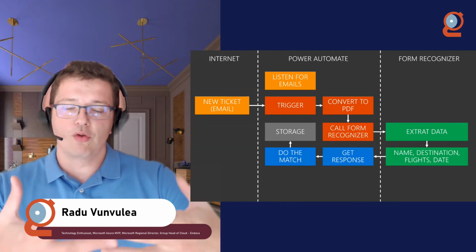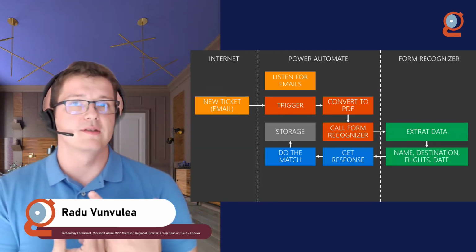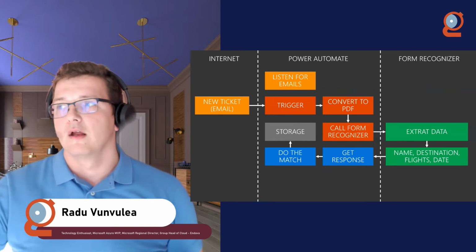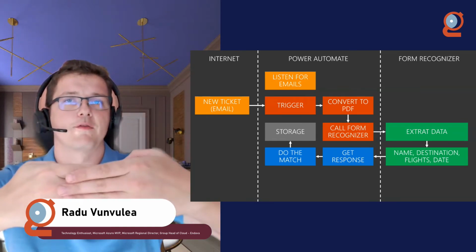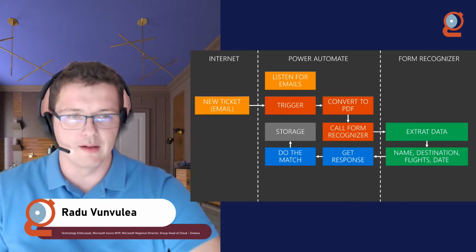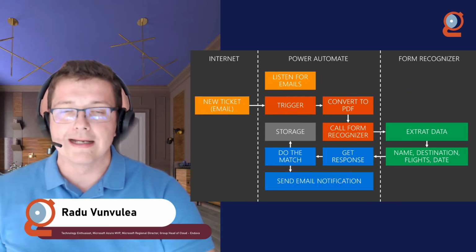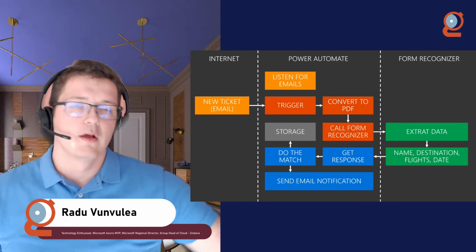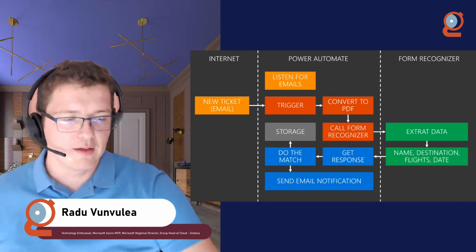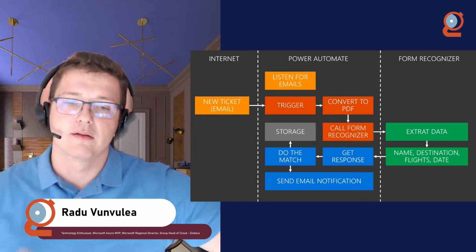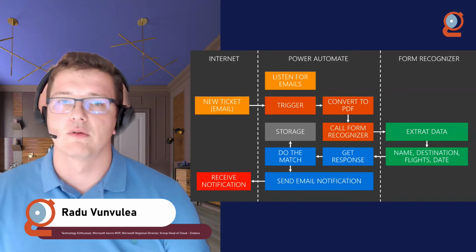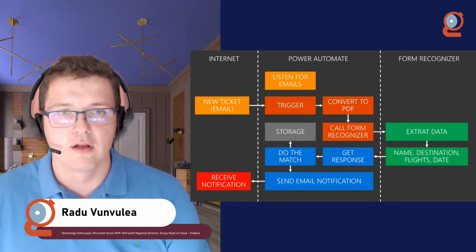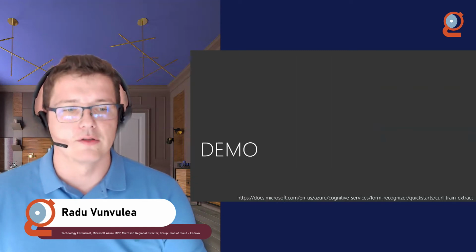You could do an automatic match to see which other people are going on the same dates, to the same location, or have an overlap for the same location for different people. And you could send an email notification to those people. Let's say one day before going, it would notify you, hey, just want to let you know that these 3 guys will also be in New York at the same time as you.